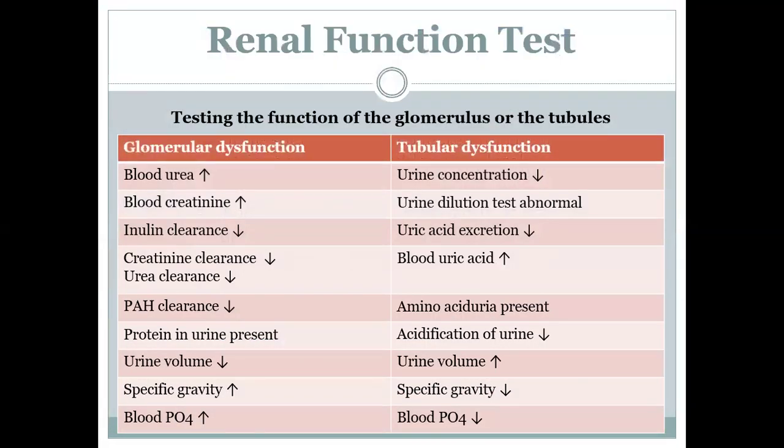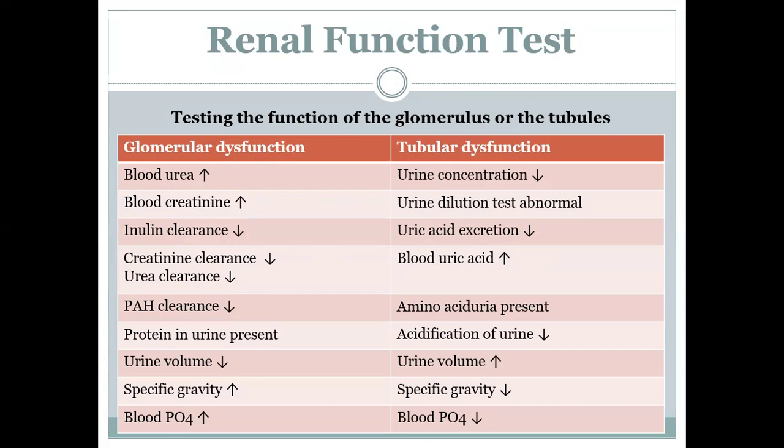Then the differences between glomerular dysfunction and tubular dysfunction. In glomerular dysfunction, there is a blood urea increase. In tubular dysfunction, urine concentration is decreased.